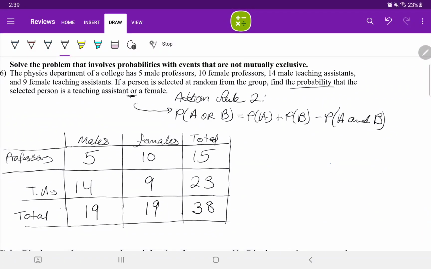Now, we want to find the probability of a teaching assistant or a female.